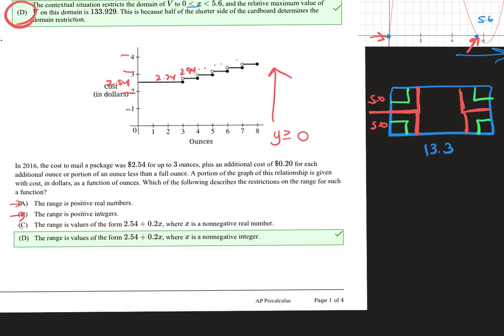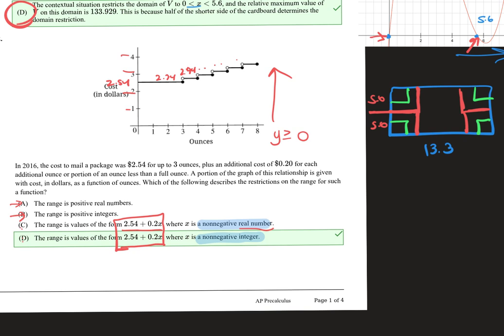These two are very similar. It's in the form of $2.54 plus 0.2x, which is the linear function, and that's correct. The difference here is that one says non-negative real numbers and one says non-negative integers. Real numbers means it's going to increase consistently, like decimals, fractions, all the things in between.